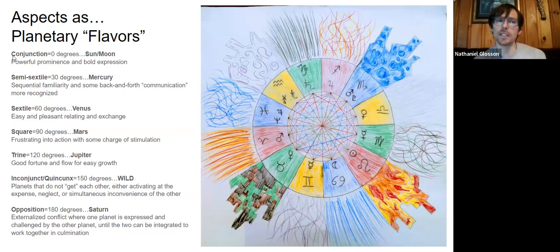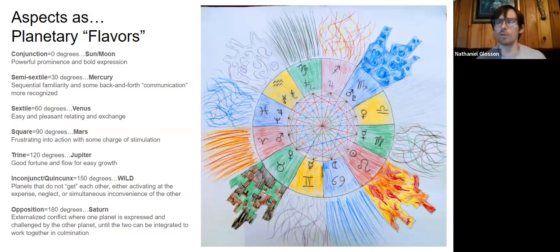And so that first and arguably most powerful aspect, the conjunction, where two planets are in the same exact spot, 0 degrees apart ideally, is as big and bold in a chart as the sun and the moon. The moon and the sun are the ones we see the biggest in the sky, the moon because it's so close, the sun because it's so big, but they have the most immediate and largest impact on a chart, arguably.